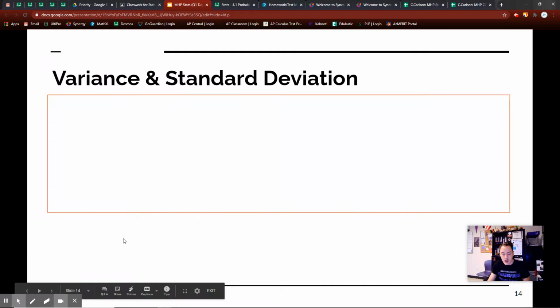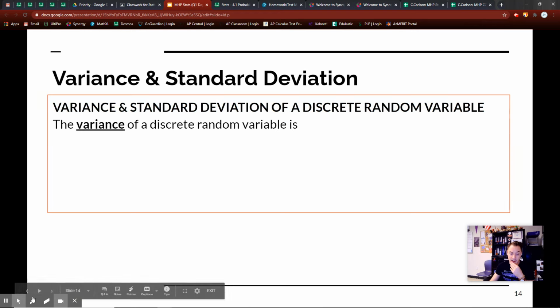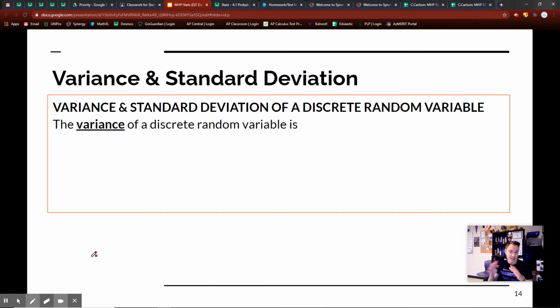Now let's get to what we call variance and then standard deviation. What is the variance and standard deviation of a discrete random variable? So the variance. Now remember, we discussed this a little bit already, about 3 weeks ago. The variance of a discrete random variable is this. Now this is going to be a lot bigger formula, but what it is, it's going to be sigma squared. What is that?